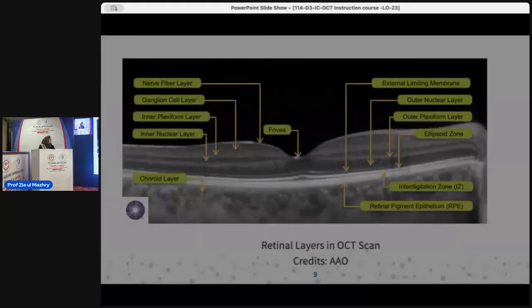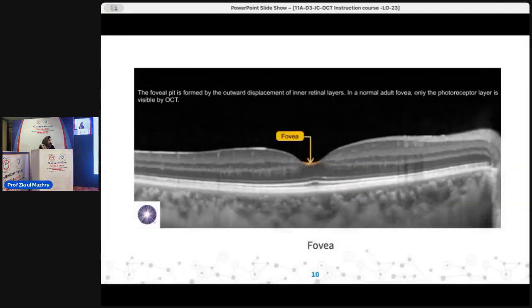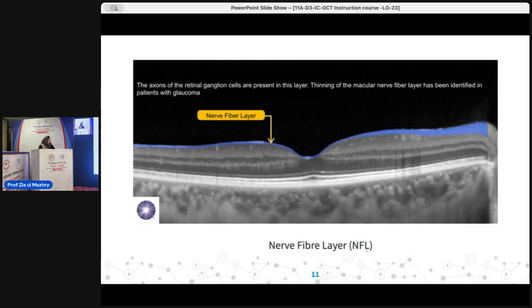So this is the diagram and we will elaborate each layer individually. First of all, there is the fovea. The fovea is simply the depression. Next, we have the layer of nerve fibers.